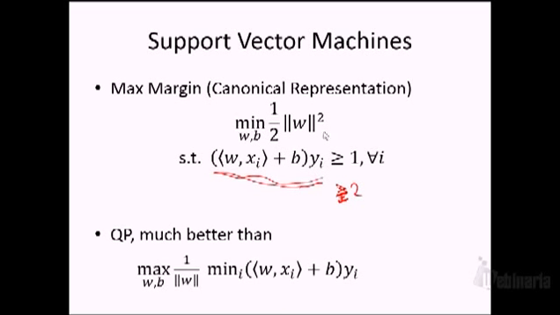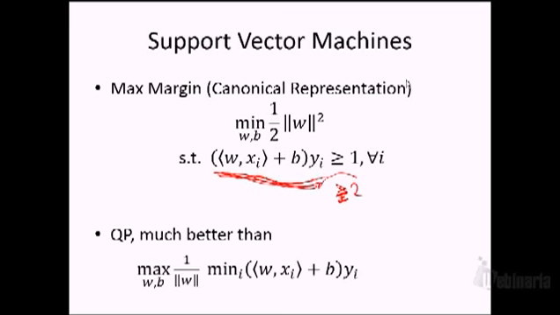And this will be penalized by the objective function. So the objective function will force the weights to be as small as possible to satisfy this constraint. And so you will end up having the minimum value of this term equal to 1. And so the two problems are equivalent in the sense that they will end up giving the same solution. But they differ in their feasibility region. They differ in the set of weights that are feasible.